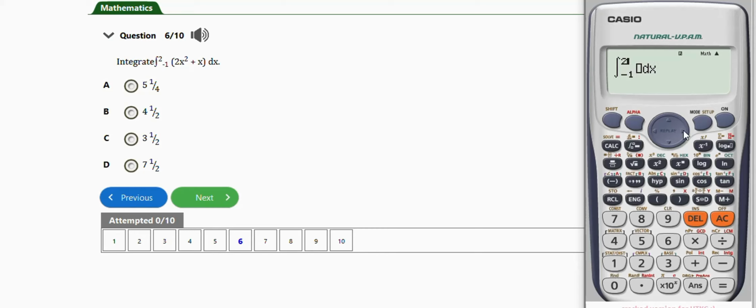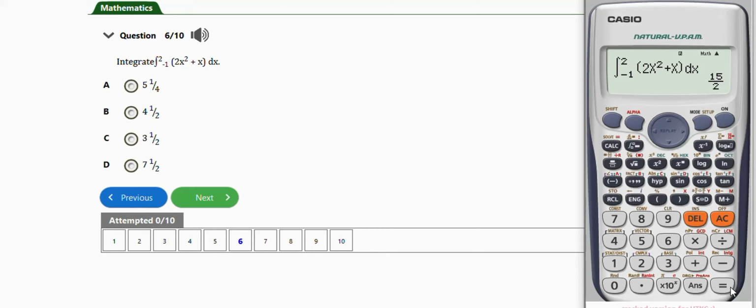Then come to this place and put the function in brackets, 2x after x square. Okay, we have plus x, alpha and this button, close the bracket. So that's it. Let's press equal to. The output we have is 15 over 2.